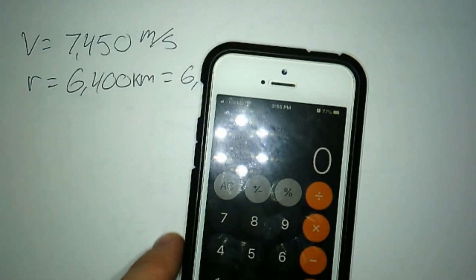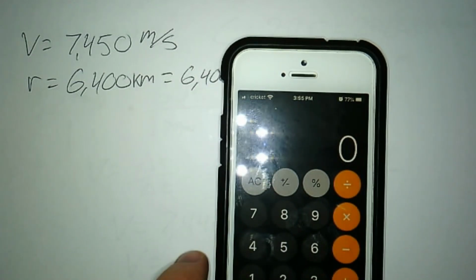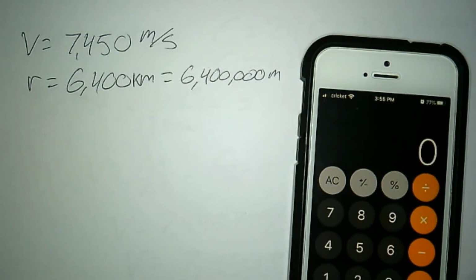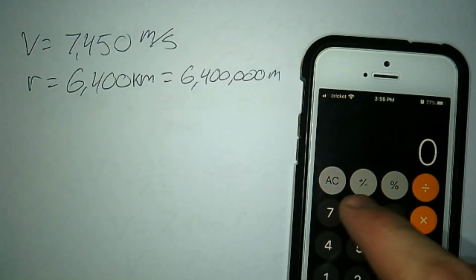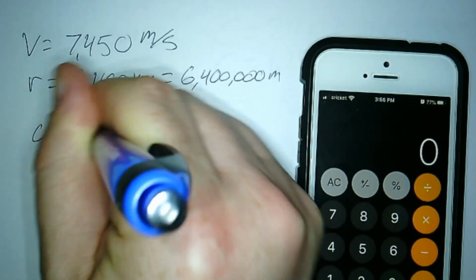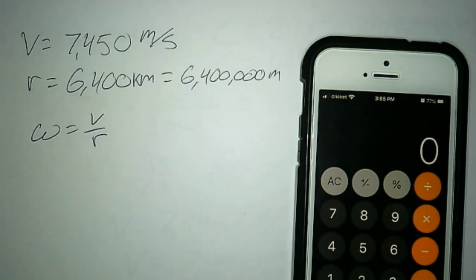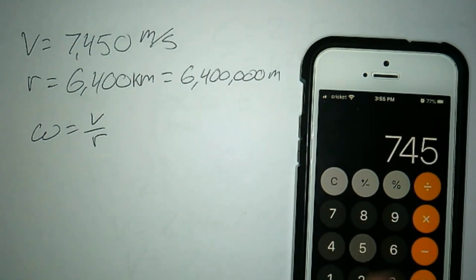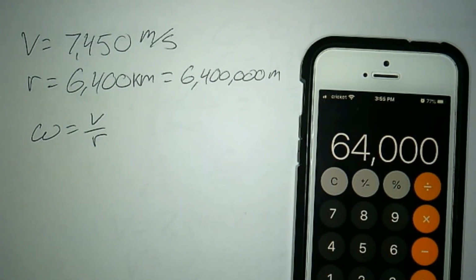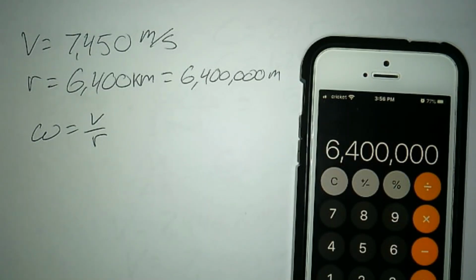So now in my angular speed, what I want to do is real simple. Let's put this off to the side so you get a little less glare. You take your linear speed, right? We said omega equals v over r, right? So my linear speed of 7,450 divided by my r, which is 6,400,000. And that's the right number of zeros.